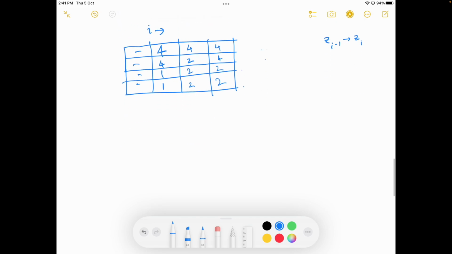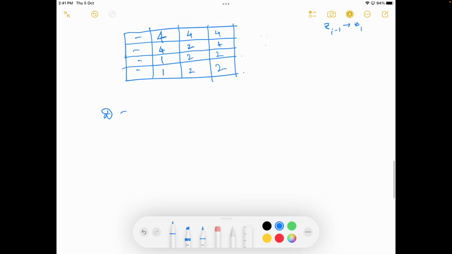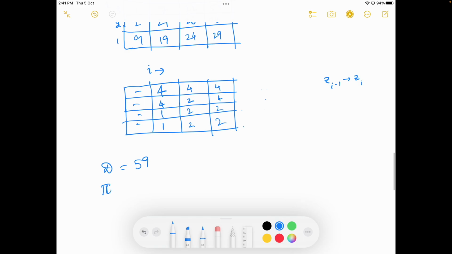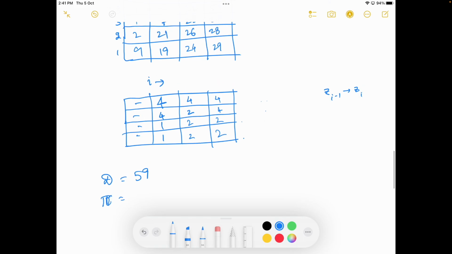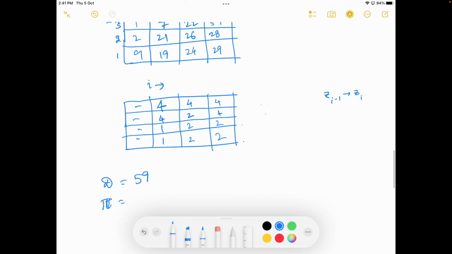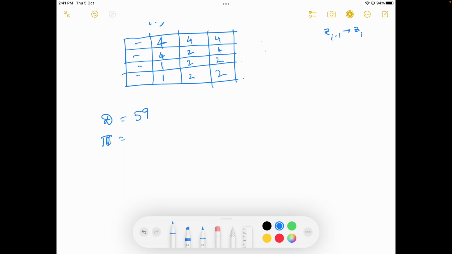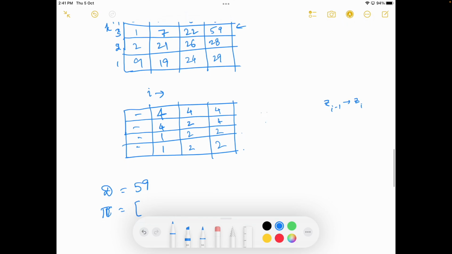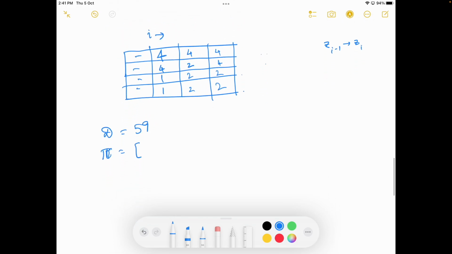So my maximum score is 59. And what is the path? Path I denote by pi. That's the notation for path. It's an array of states. So start from the end. At 59, you are at k equal to 3.